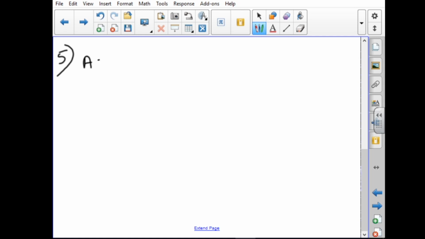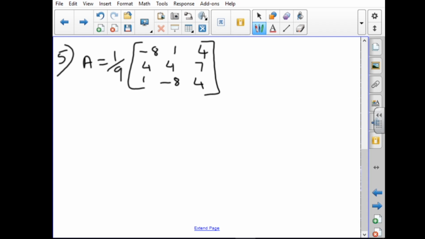If A is equal to 1 by 9 into minus 8, 1, 4, 4, 4, 7, 1, minus 8, 4, we have to prove that A inverse is equal to A transpose.